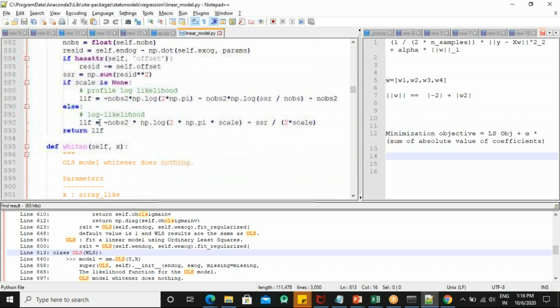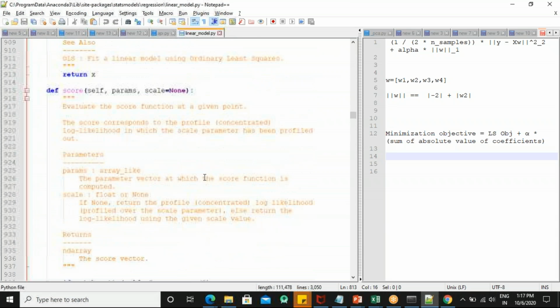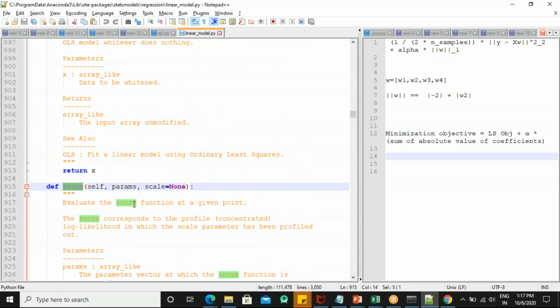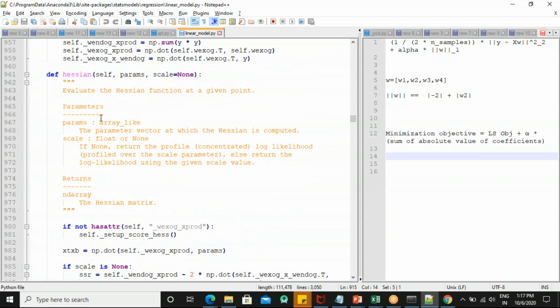So here is this class OLS. So the OLS class is there, and let's see what it does. OLS class has the score method or the score function.